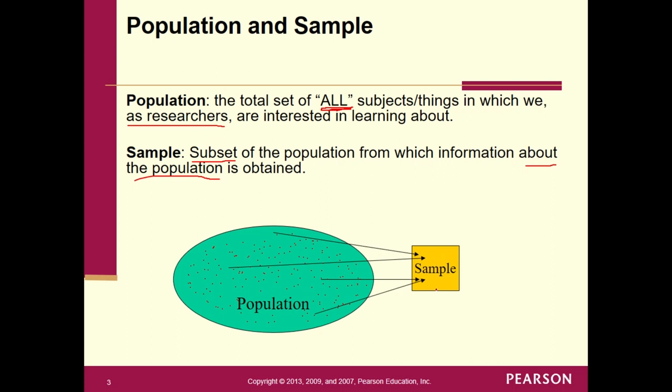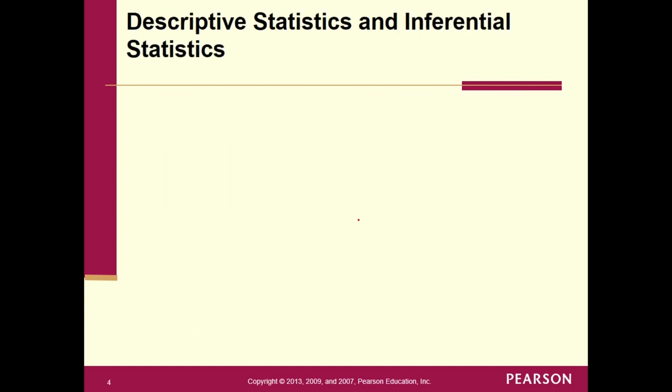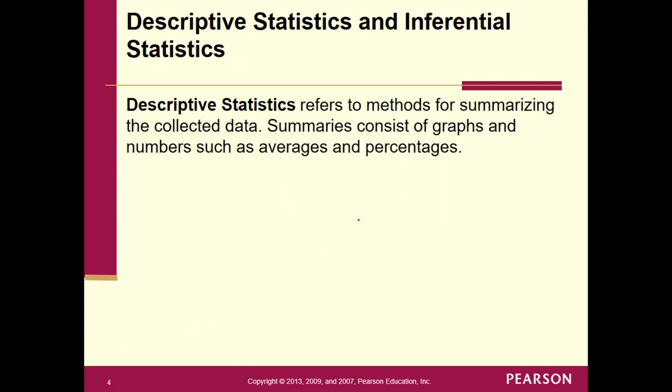And the whole purpose of taking the sample is to do what? It's to learn about the population. That's going to be a theme throughout the semester, especially once we get to chapter 8.